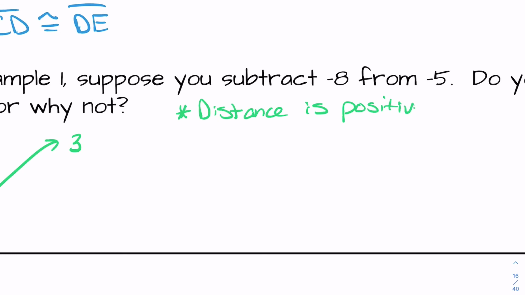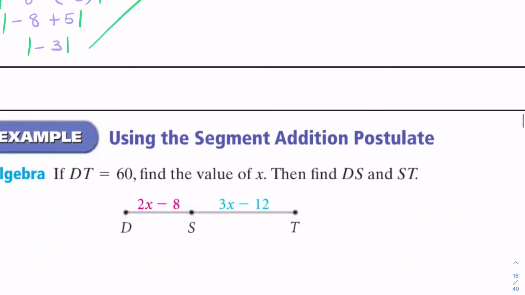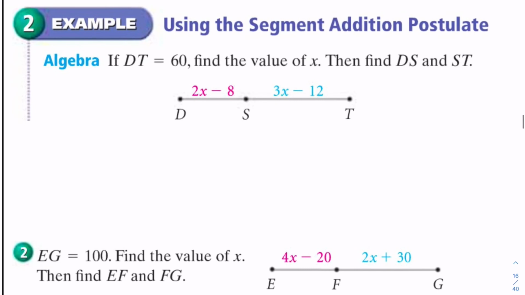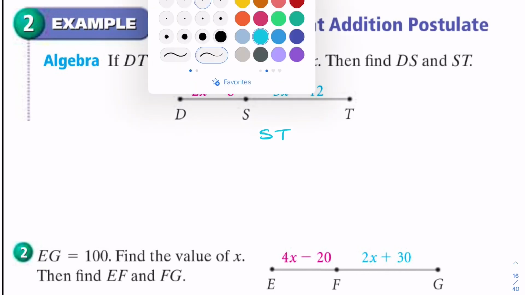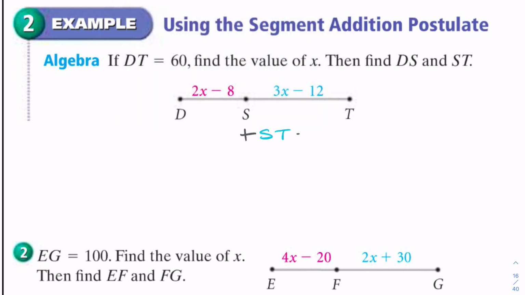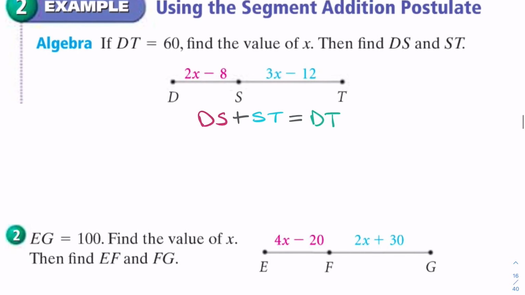All right. Next one, using the segment addition postulate. So here it's saying that DS plus ST is going to be equal to DT. DT is 60, DS is 2x minus 8, and ST is 3x minus 12.